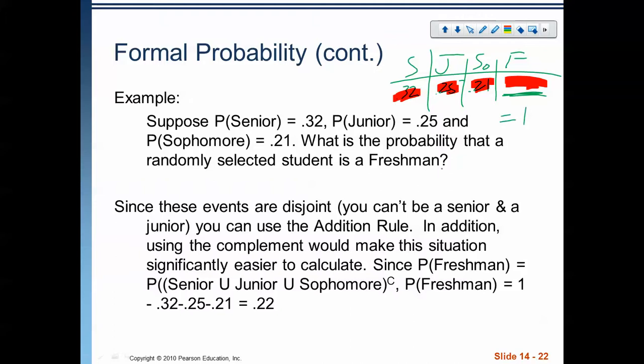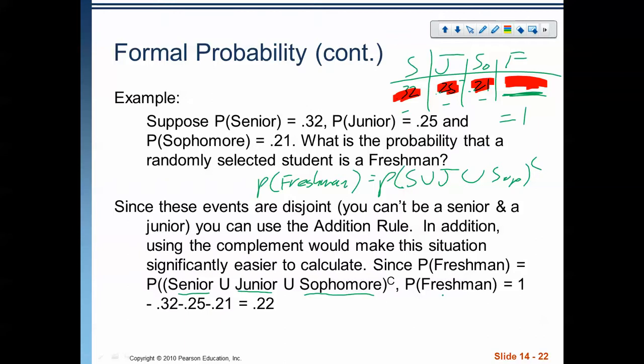So if I were to add these 3 things together, P of senior, P of junior, P of sophomore, senior or junior or sophomore, and then find the complement of that, because P of freshman is going to be the same thing as P of senior or junior or sophomore complement, right? These 2 things are exactly the same.